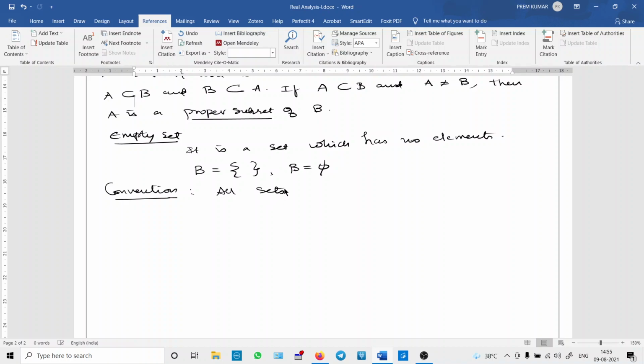All the sets we are going to discuss, A, B, C, and so on, are subsets of a big set named as a universal set S. We call it the universal set, always. So if I define any set A, B, C, anything in the discussion, it is understood that there exists some universal set inside which this set belongs.